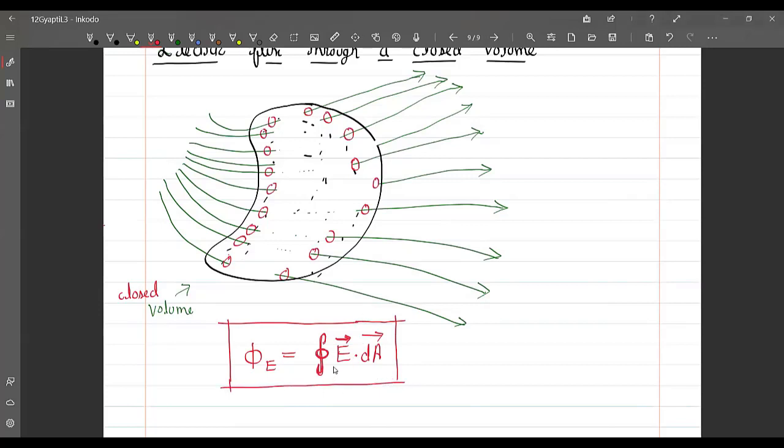This is integration through a closed volume. Or you can say a closed surface.